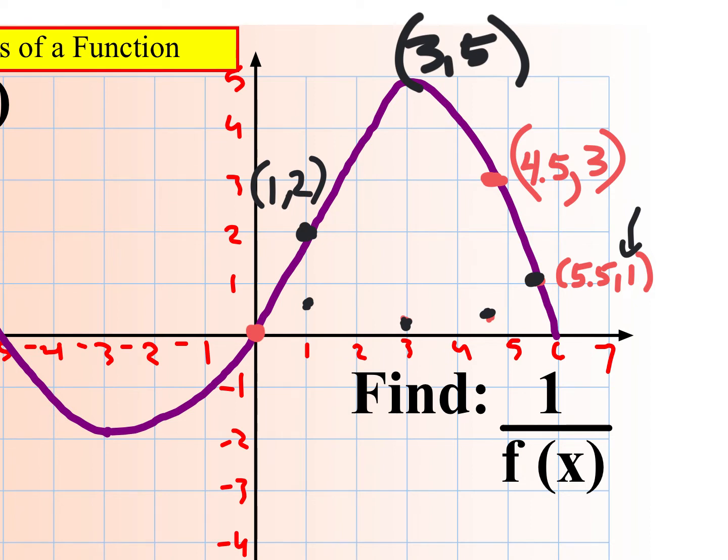Next, would you agree that this spot is about 1/2, comma 1? So what'll it turn into? It'll stay in the exact same spot because its y value is 1.